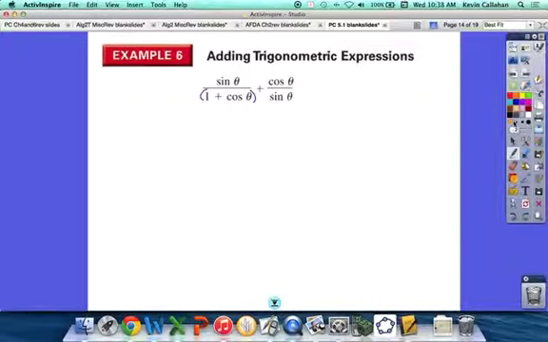Okay, so in order to have the common denominator, we got to multiply this one by sine over sine. And we're going to multiply this one by 1 plus cosine over 1 plus cosine.